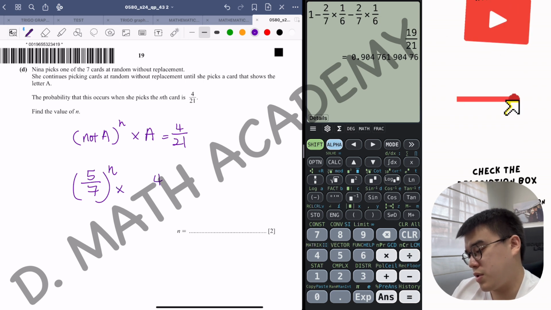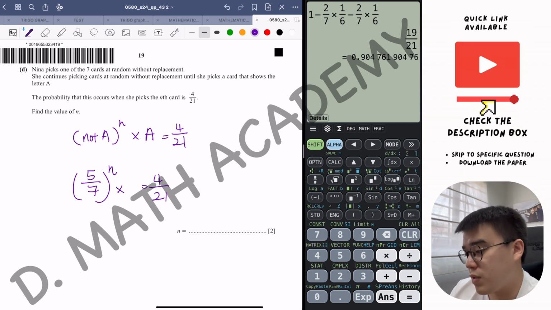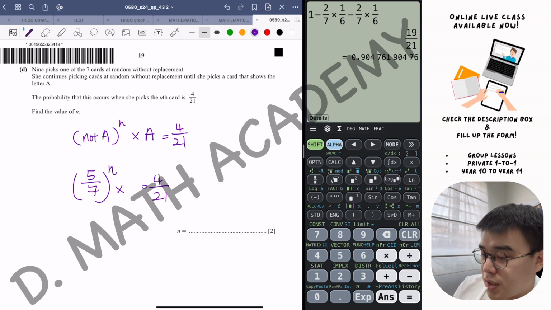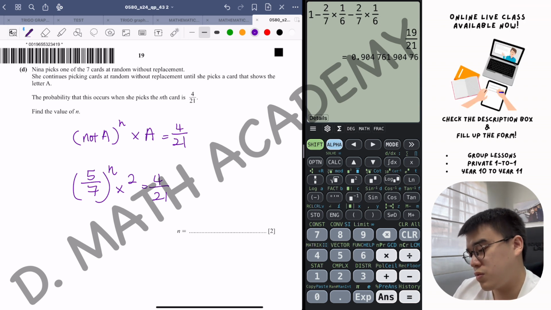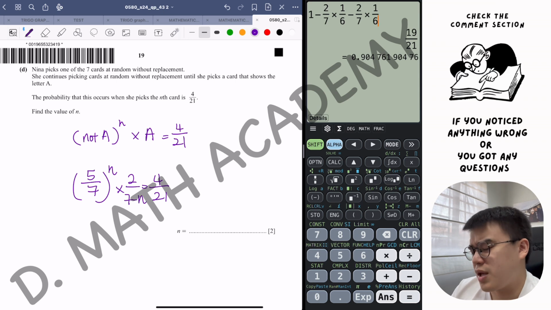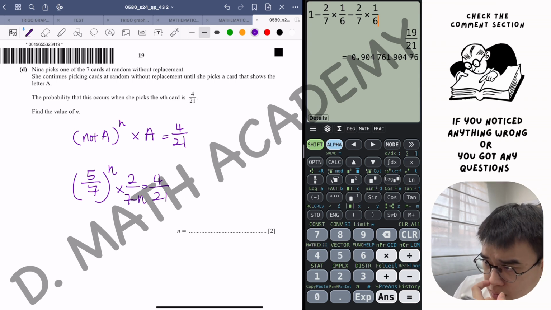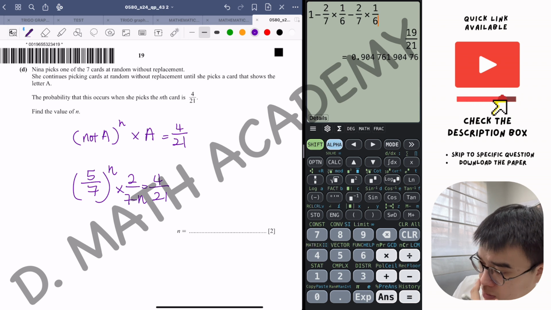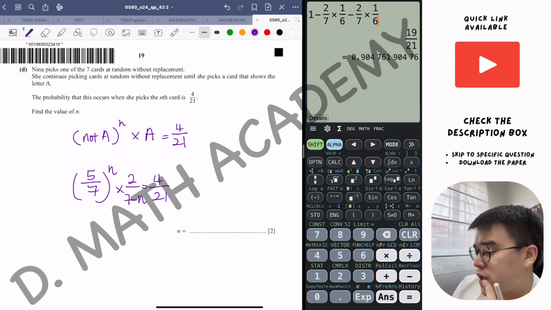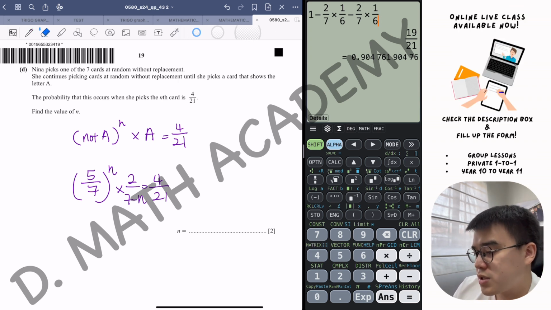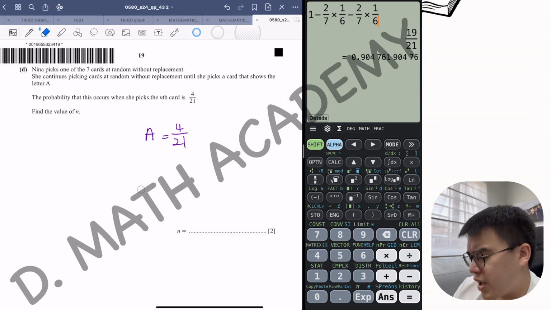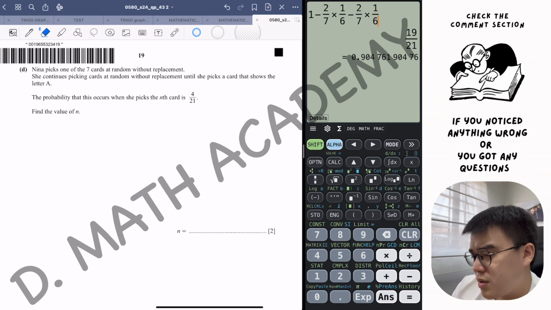And then you will get 4/21. Continue until she picks a card that gets 2. 7 minus n? Doesn't make sense though. So I can't quite form the equation like this. So I have to try the manual way.